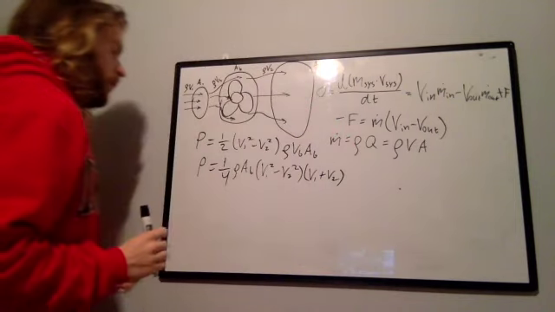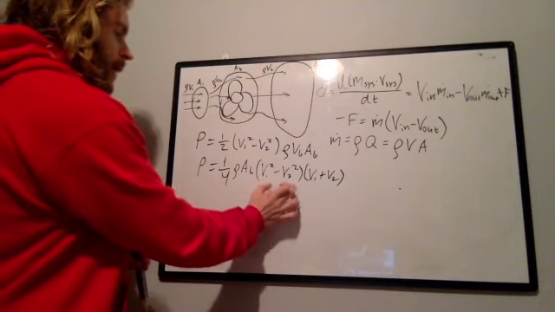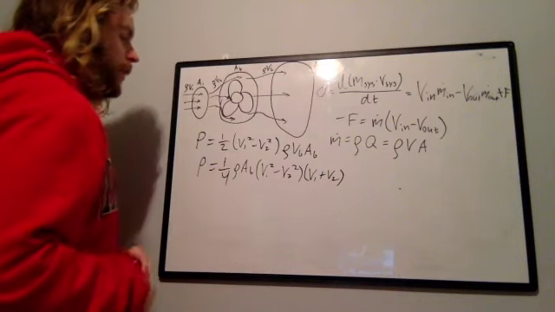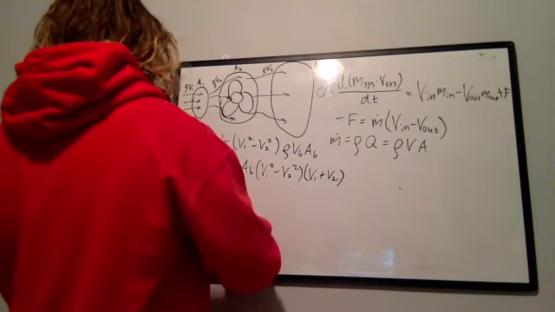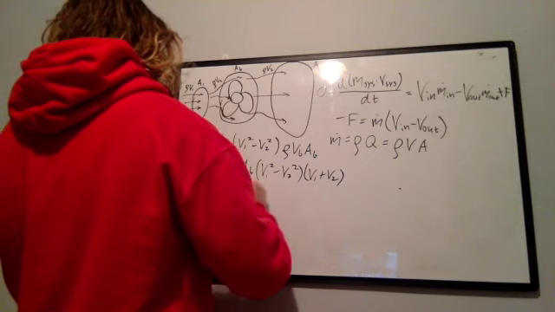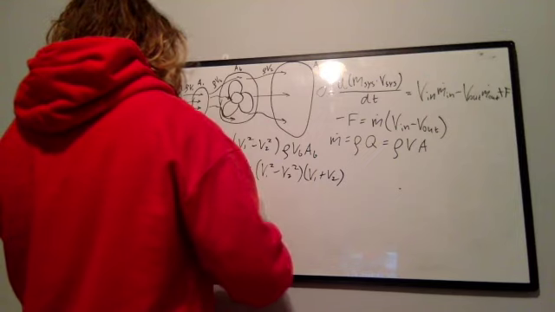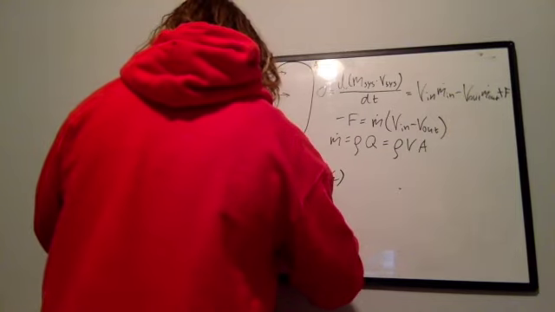All right. So our next step is going to be to multiply out these velocity groups over here in order to create one big polynomial expression. So we'll go ahead and do that now. All right, so this is going to become V1 cubed.